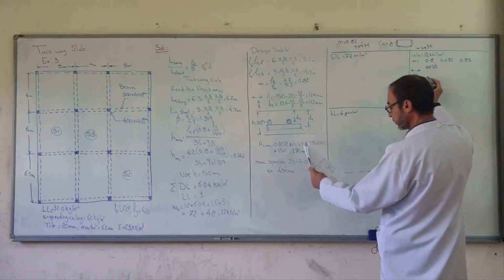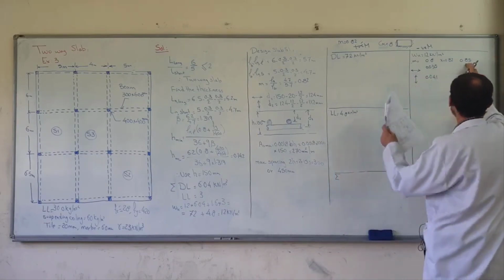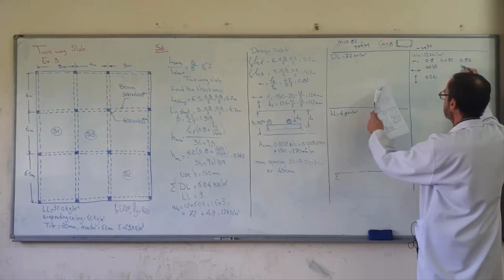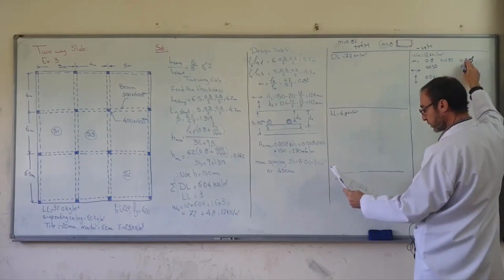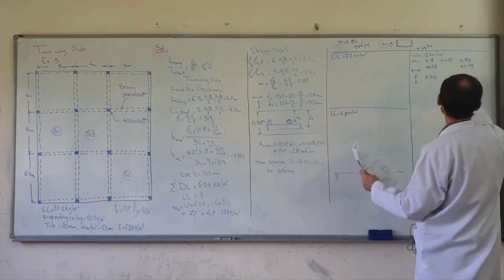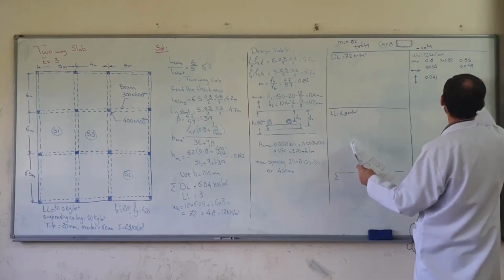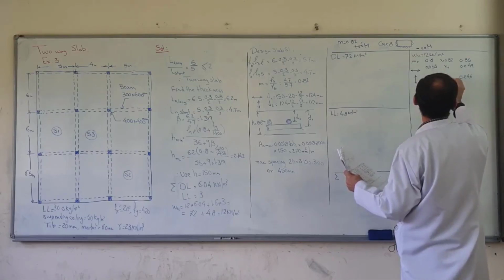In long direction is equal to 0.041. For 0.85 in short direction is equal to 0.049, and in long direction 0.046. Now x1 is unknown, or x2 unknown.